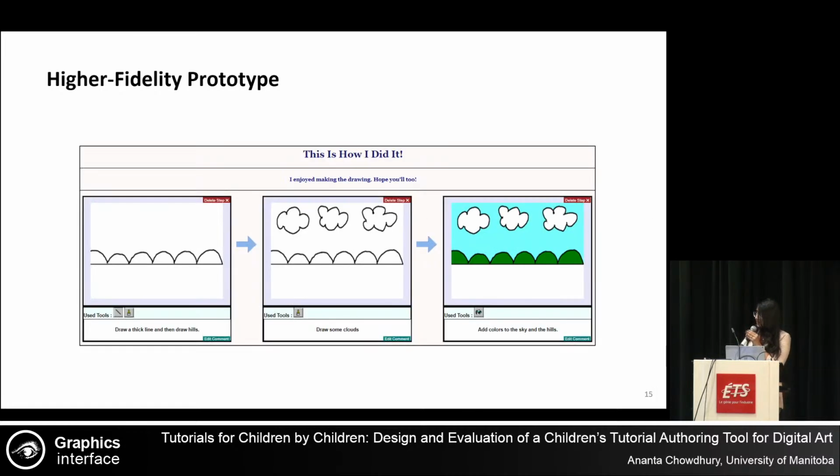After the child indicates that they're done with the drawing, the prototype creates a step-based tutorial like this. And as you can see, each of the steps includes the tool information that was used in that step, and also any comments the child has provided while drawing.